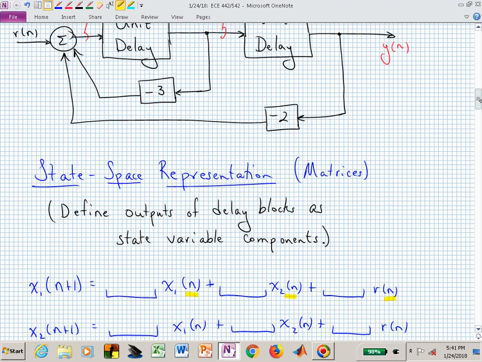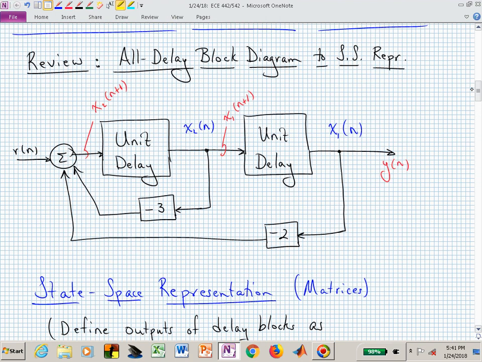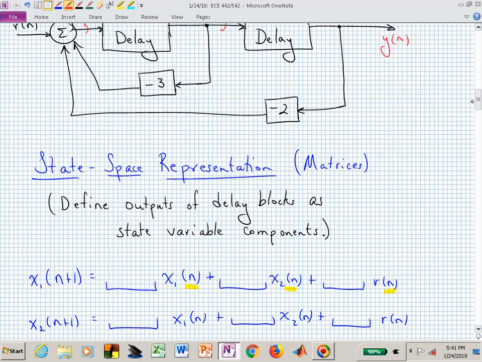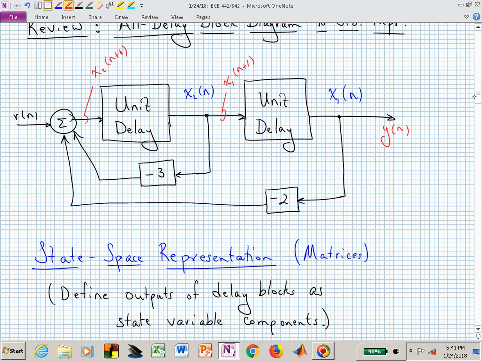What is x sub 1 of n plus 1? We don't have any of x sub 1 of n, do we? We're really just asking, what is this signal? What makes it up? What generates that from x1 of n, x2 of n, and r of n?